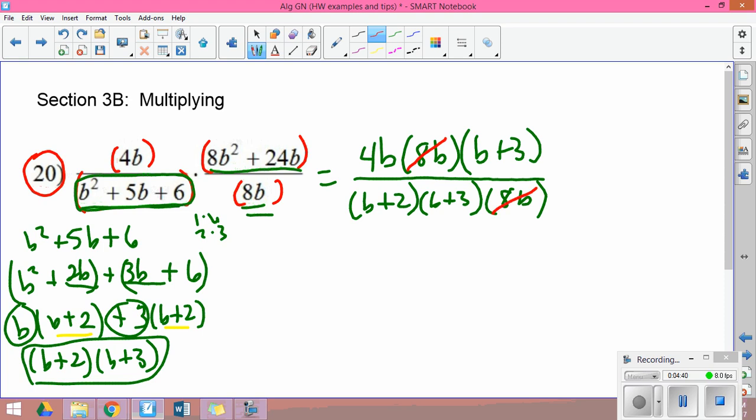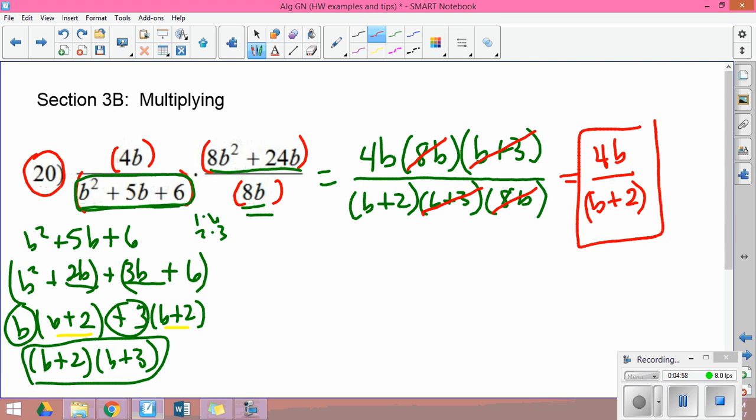That is 1. The entire expression of b plus 3 and b plus 3 will cancel, leaving 1. And what do I have left? I have 4b over b plus 2. B plus 2 is in parentheses. I cannot cancel the 4 or the b and the 2. So that is your answer.